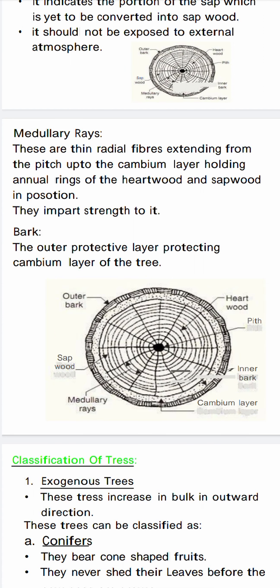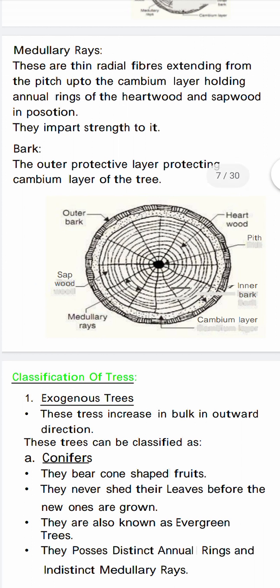Classification of trees: exogenous trees and endogenous trees. Exogenous trees are classified into two types: conifer and deciduous. Exogenous trees are trees which grow outward and increase in bulk by the formation of successive annual rings.